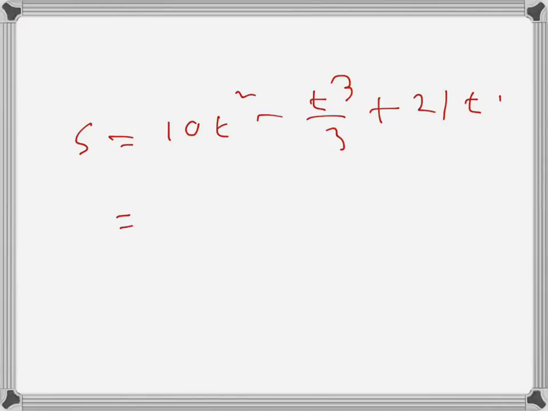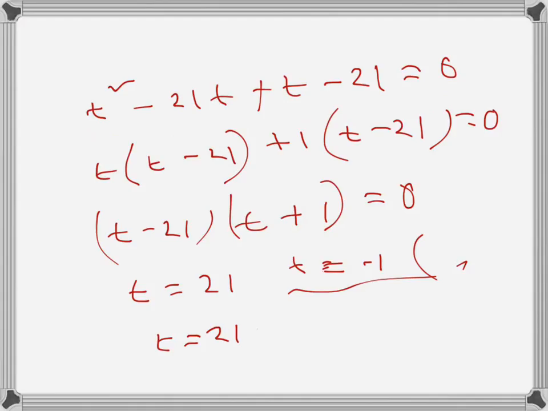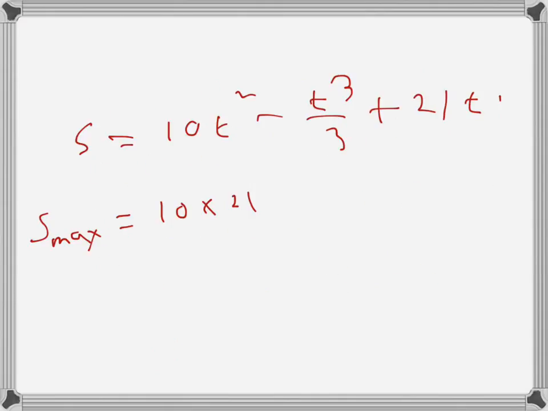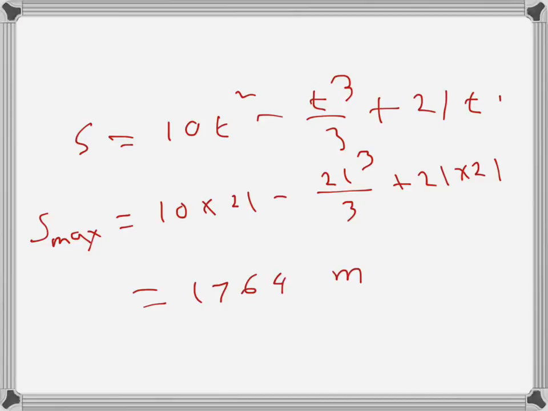If we plug in 21 here for t, we get s max. I will just double check if I got the equation right. Yep, this one. So 10 times 21 square minus 21 cube over 3 plus 21 times 21, that gives me 1764 meters. So that's the maximum distance.